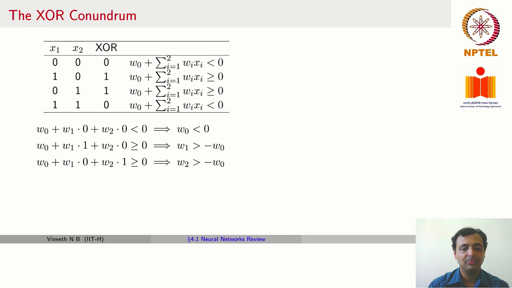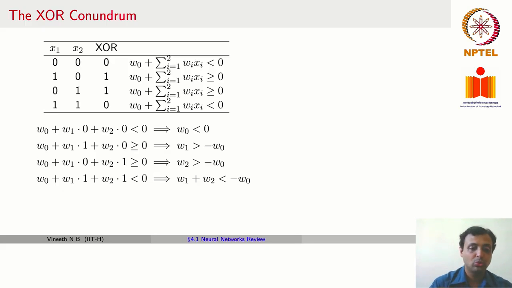Okay, so since W0 is less than 0, W1 would be a positive quantity greater than the absolute value of W0. Similarly, the third line in the truth table would get you W2 to be greater than negative W0. And the final line would show that W0 plus W1 plus W2 should be less than 0, or W1 plus W2 must be less than minus W0.